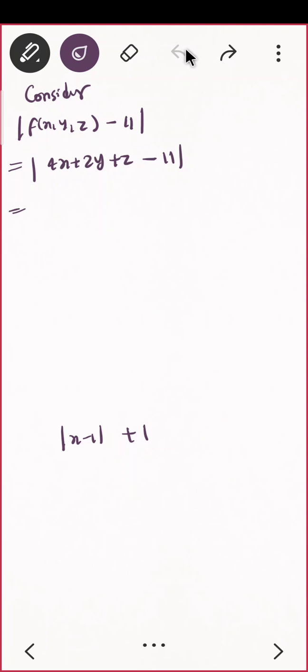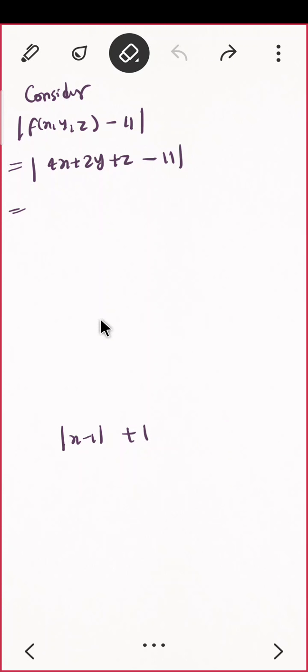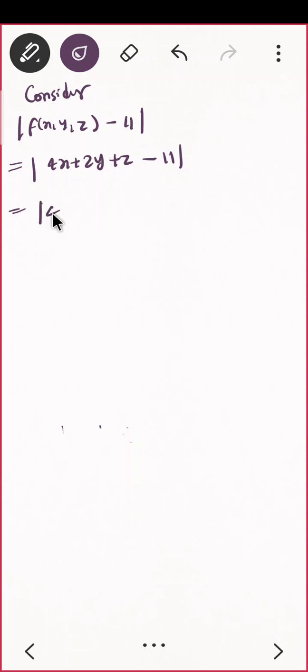So what should I take from him? For the 4x, what should I take? Minus 4, correct? And what about for 2y? I should take minus 2. And for z? Minus 3, no? You're remaining 3 now.